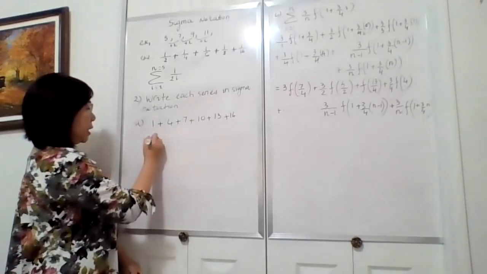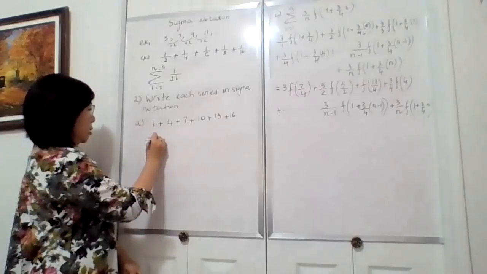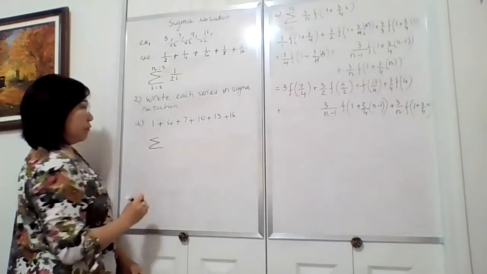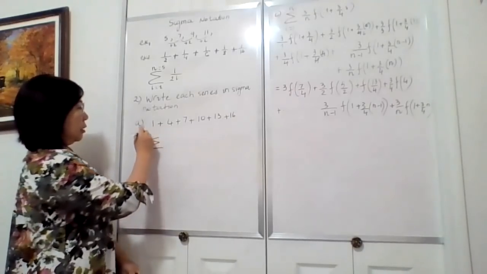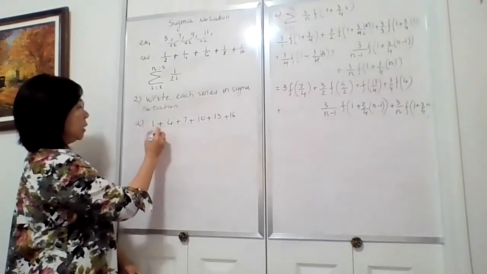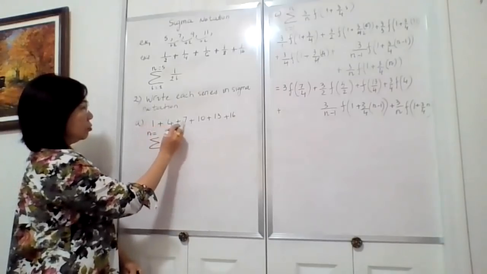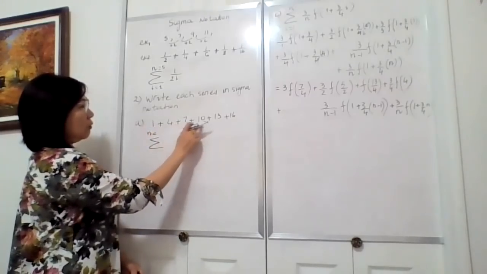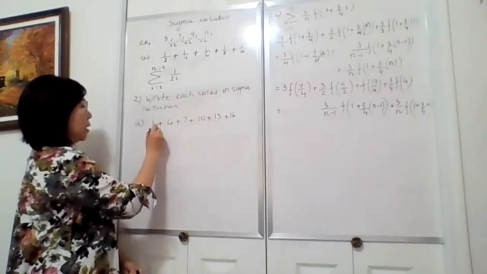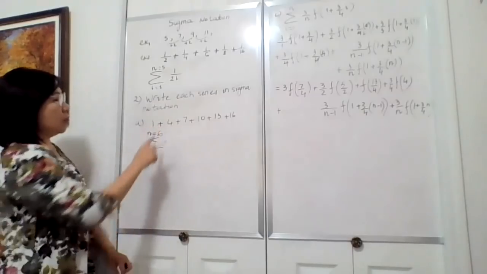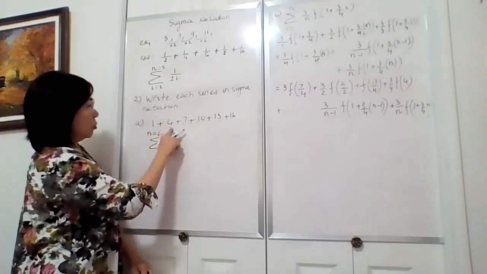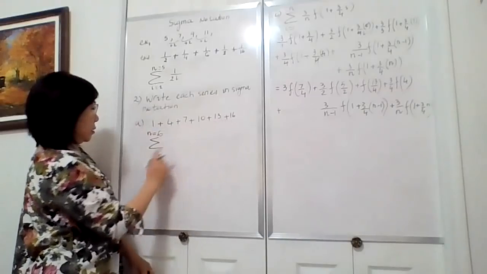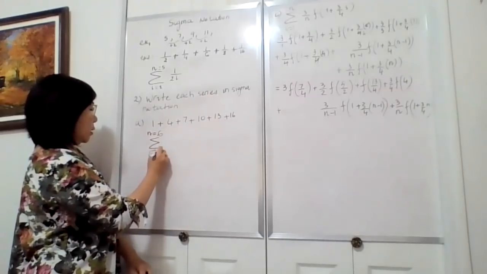Now, instead of writing like that, this will be equivalent to sigma notation. And the n here is how many terms we have: 1, 2, 3, 4, 5, 6. So n here equals 6, right? Now the i will start equal 1.